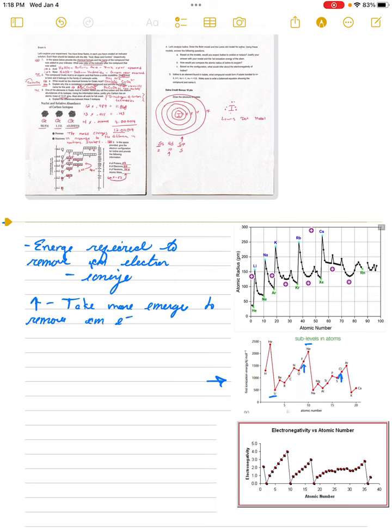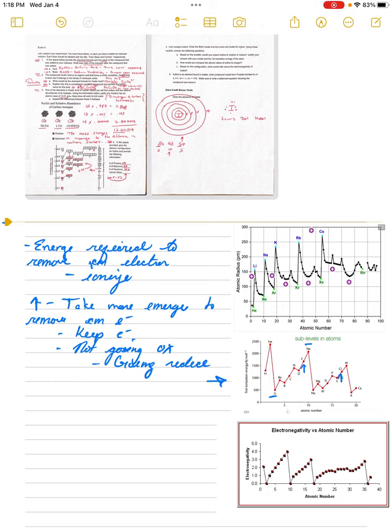If it takes more energy to remove an electron, that means you want to keep your electrons. You're not going to let go. You're not going to oxidize. You're going to reduce, because if you have a high ionization energy, you're not going to let go of your electrons.